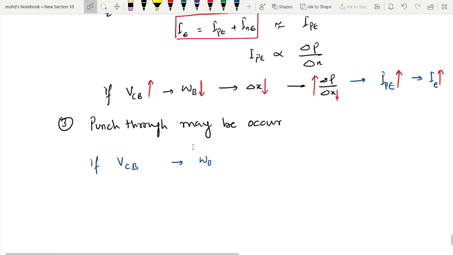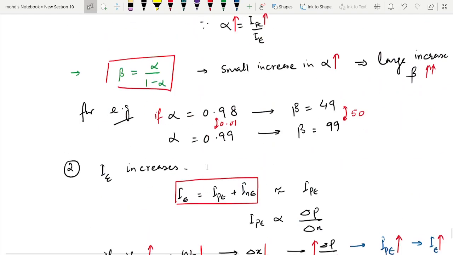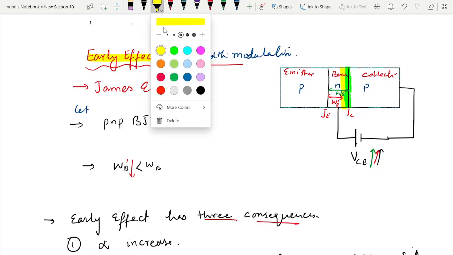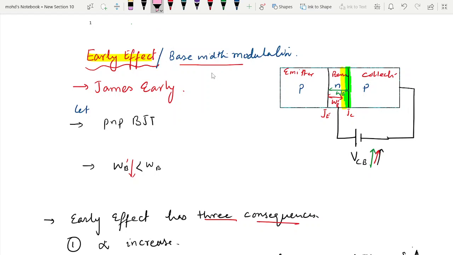And the third consequence is punch through may occur. Now if VCB is made sufficiently large, if we increase VCB further, then the depletion region fully occupies the base region.